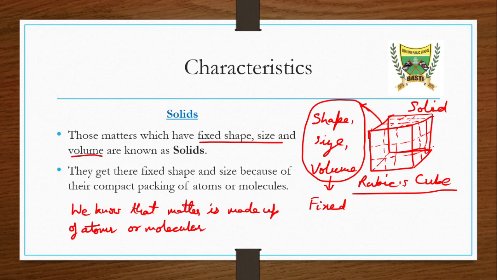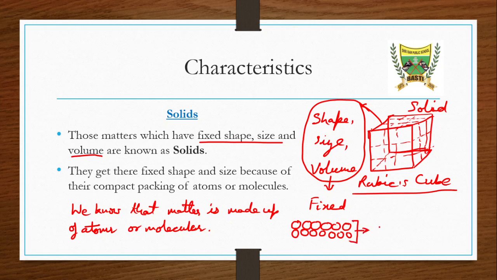These atoms or molecules have different kinds of properties. If the molecules are arranged like this, very close to each other, then the forces applying between these molecules will be large.